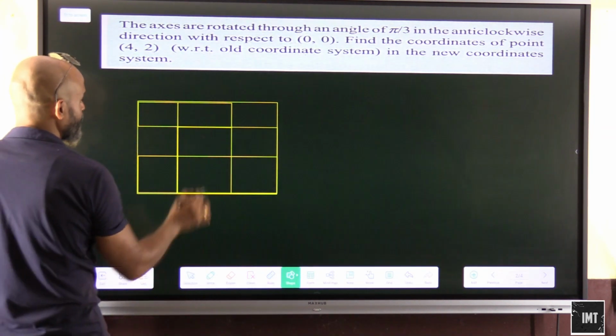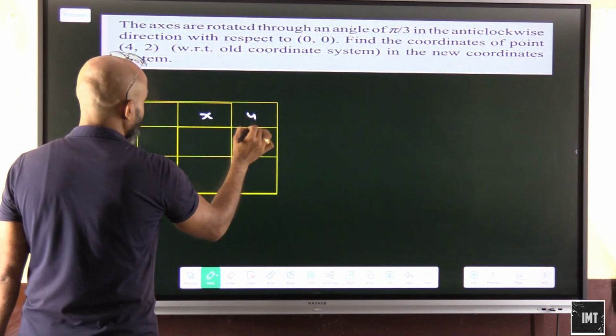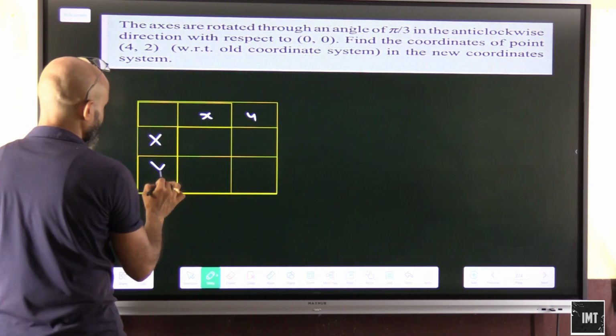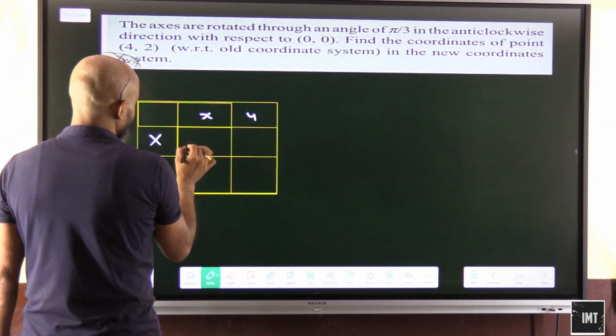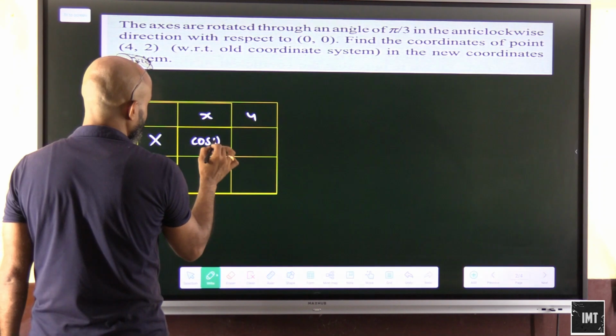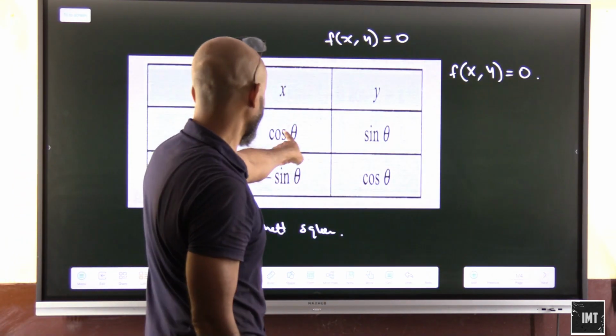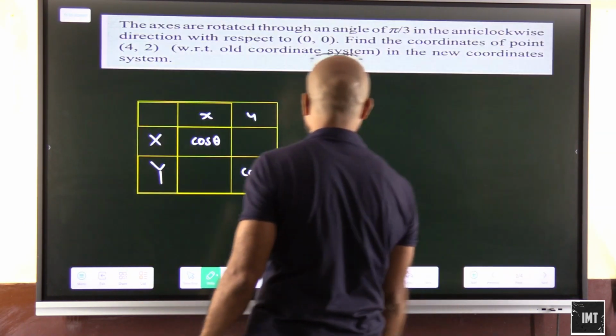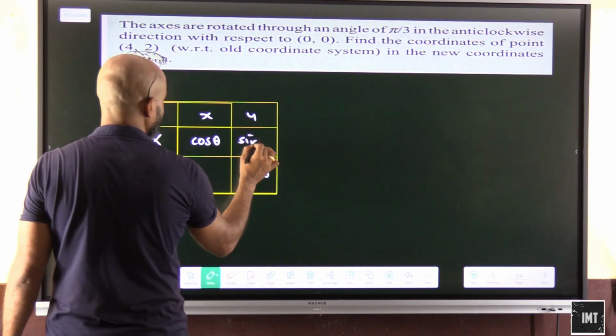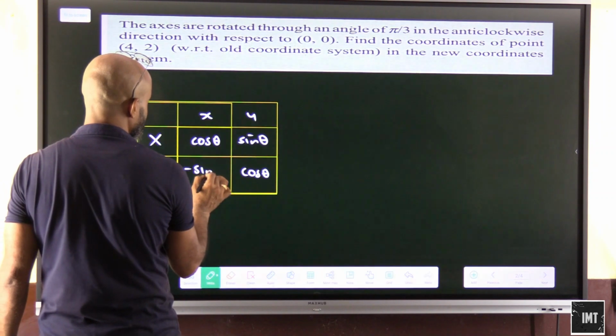Here we have small x and y, and here we have capital X and capital Y. Here we have cos theta and cos theta, and we have sin theta and minus sin theta.